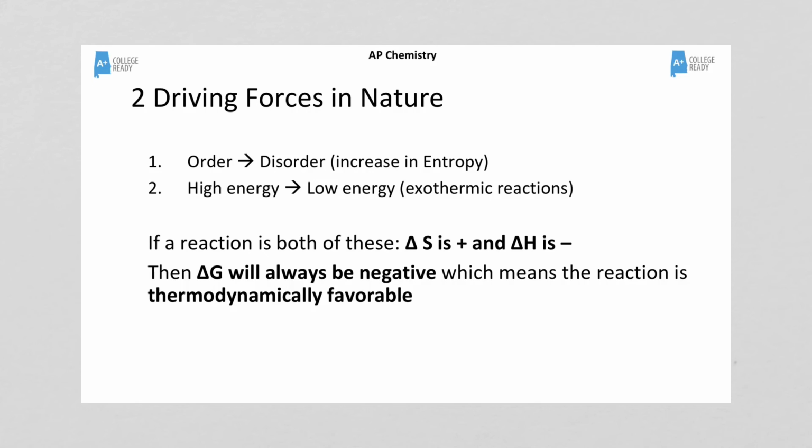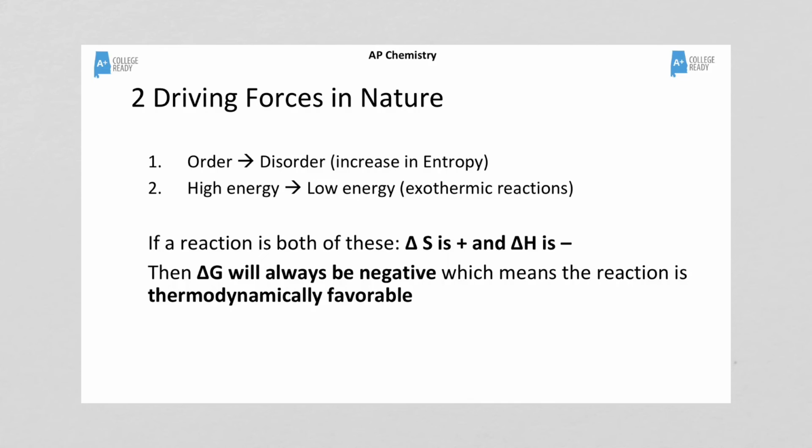There are two driving forces in nature, and if a reaction contains both of these driving forces, delta G will be negative. One driving force is an increase in disorder, meaning delta S is positive. The other is an exothermic reaction, because nature favors the lowest energy states, and since exothermic reactions release energy, those tend to be favored.